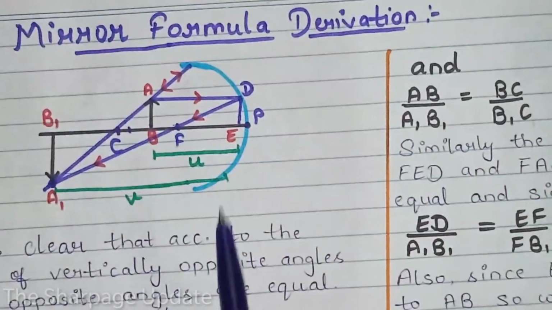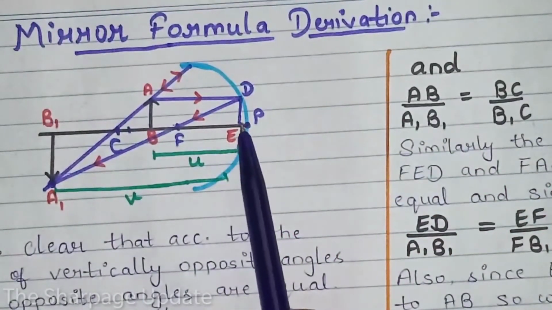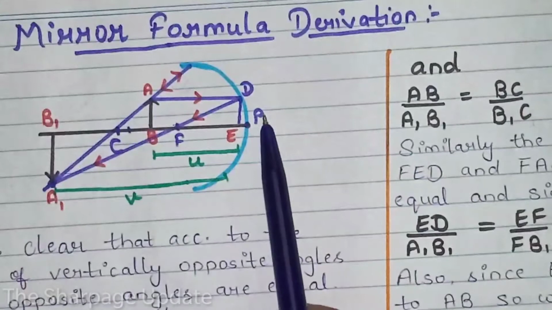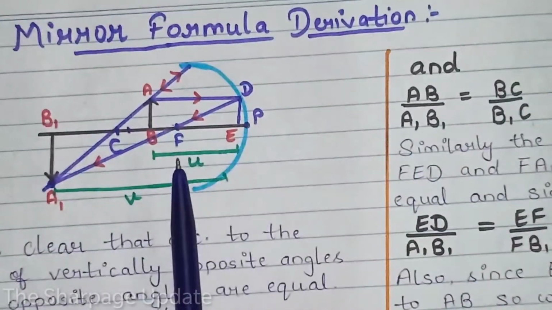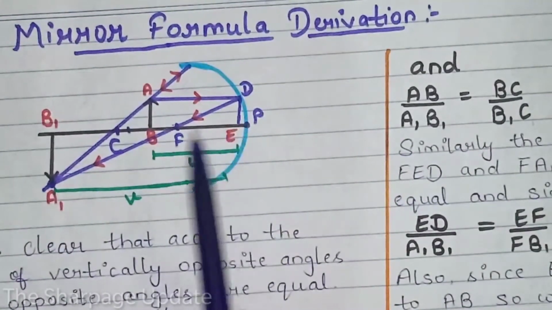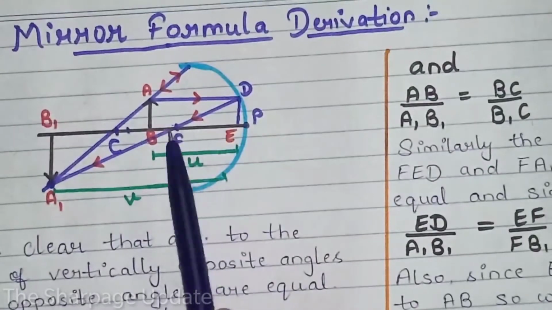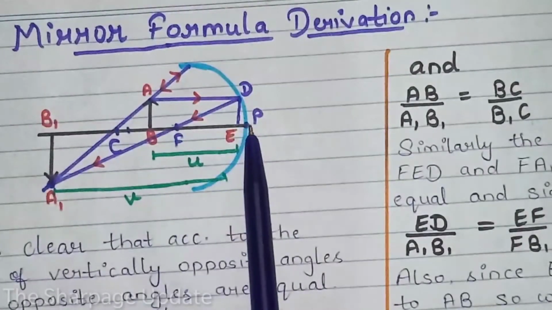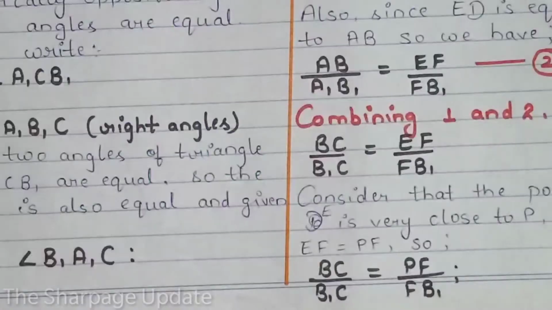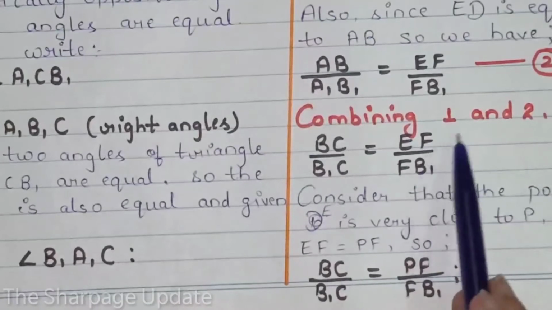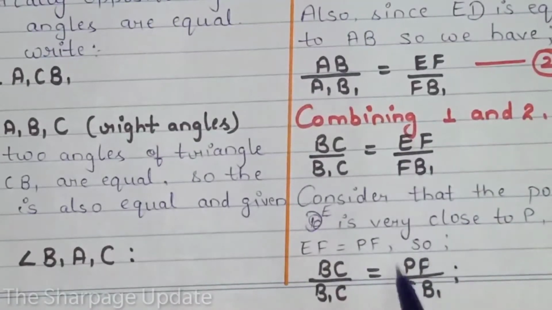Dear students, as you can see, the point E is very close to the point P. So we can write EF is equal to PF, as these two are very close. So in this equation, we have placed PF in place of EF because E and P are too close.